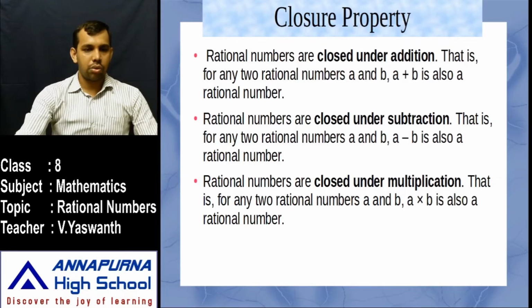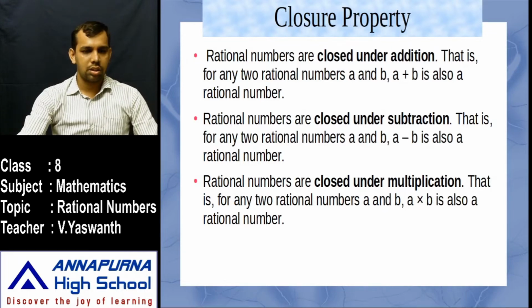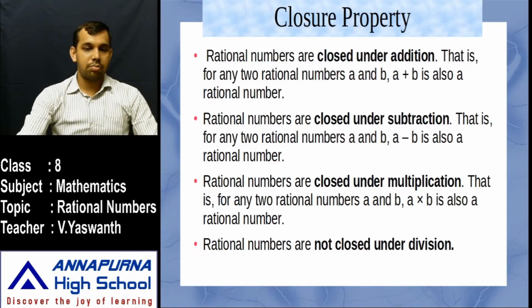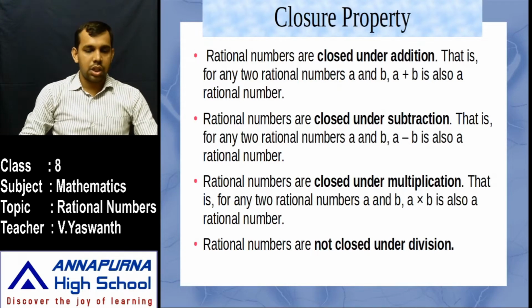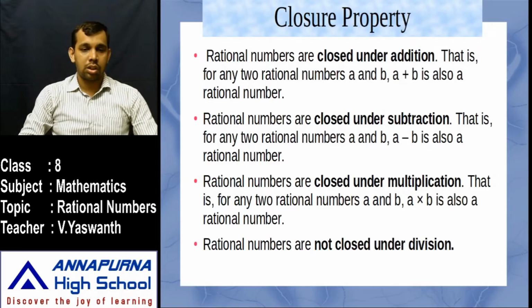Now, are the rational numbers closed under division or not? Rational numbers are not closed under division. In the last video I already explained why. We need only one counter example to show the statement is false.